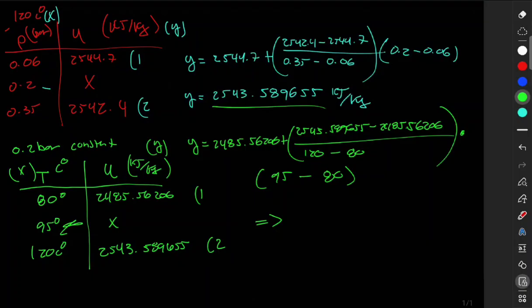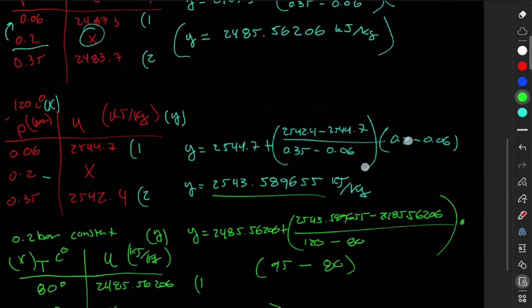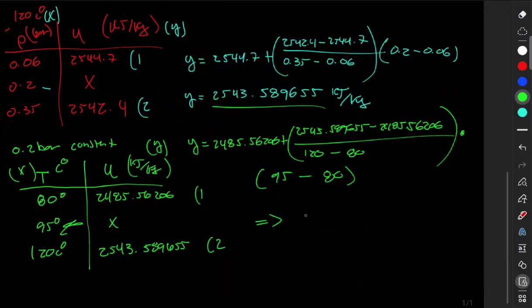We plug it in the calculator. 2485.56206, 120, and 95 minus 80. We have a final answer of 2507.320608, but like I said, you need to round off.